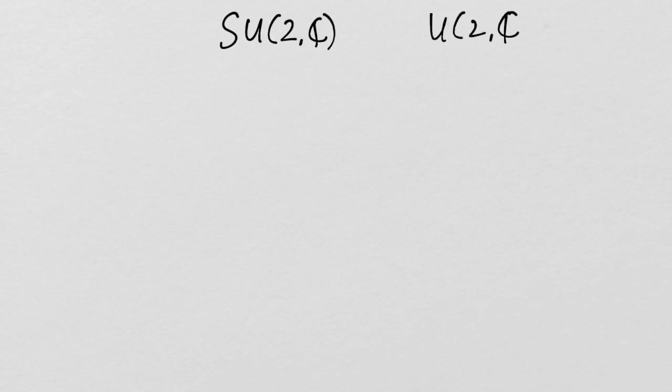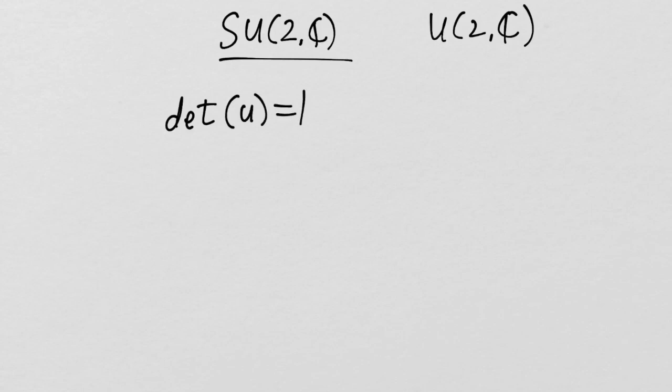Well, actually, I forgot, I wanted to work on SU(2), right? Right now, we've got U(2). So what about SU(2)? Well, now we need to talk about the determinant of an arbitrary element U, which has to be 1. So let's see if we can work this out.